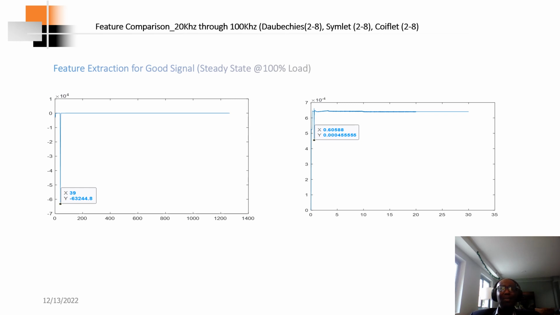Coiflet had a limitation. It only went to Coiflet 2 and Coiflet 4, it couldn't go all the way to 8. And Haar, like I said, it's only 1. That also did well. So this shows you an excellent feature extraction that matches the steady state representation of steady state load.